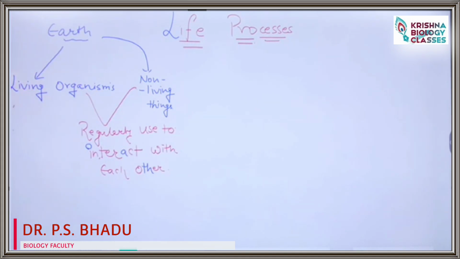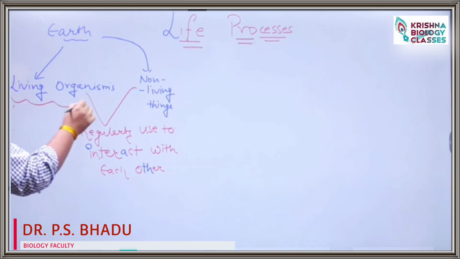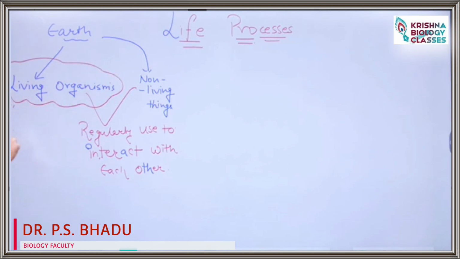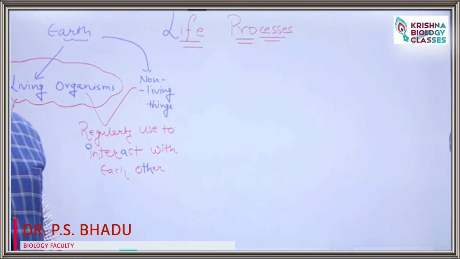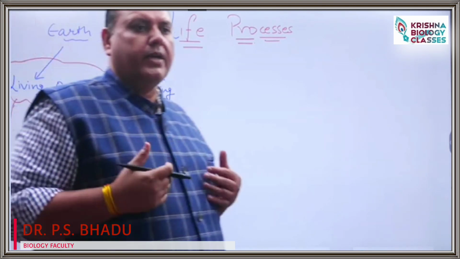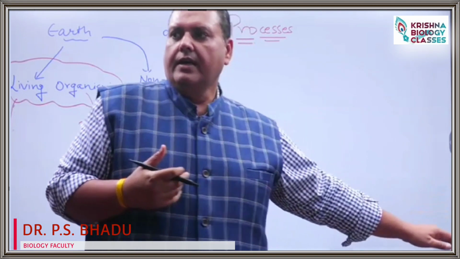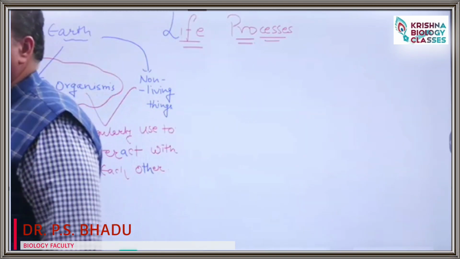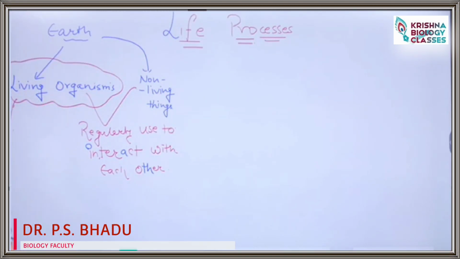Now, what makes us living? How are we able to say that we are living organisms, whereas a table or chair present in the room is considered a non-living object?